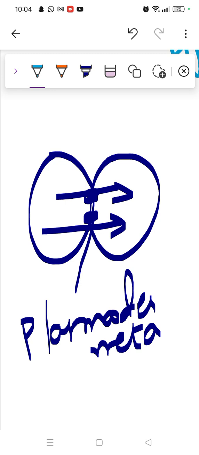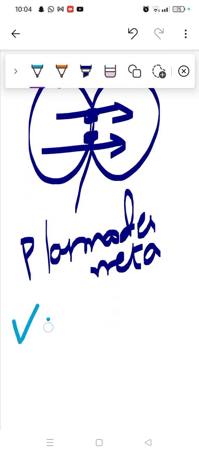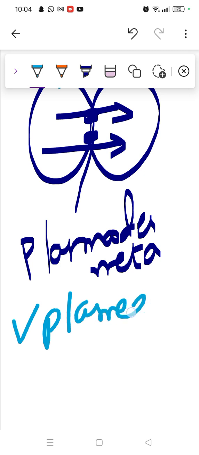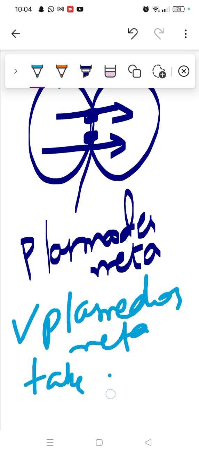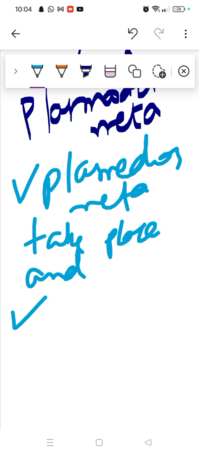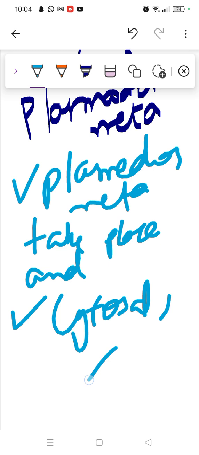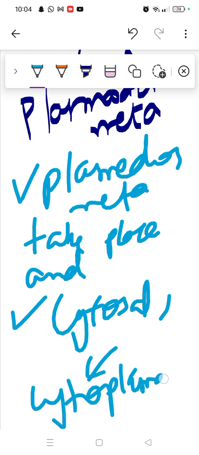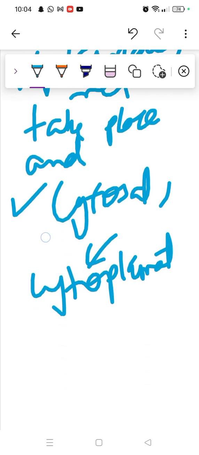The main reason is that plasmodesmata take place, and you will see plasmodesmata and cytosol, as of course we know they have cytoplasm involvement, so this means cytosol is part of it. So I'm sure it's clear to you.